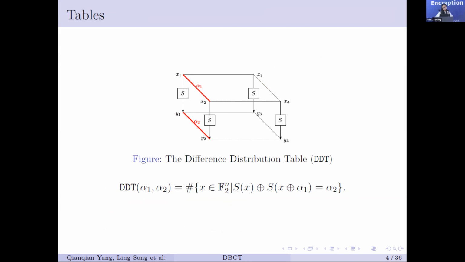Now let's review some definitions used in boomerang attack. DDT is usually used in differential attacks. DDT(alpha1, alpha2) means the number of the pairs satisfying the conditions that the input difference is alpha1 before the S box and the output difference is alpha2 after the S box.